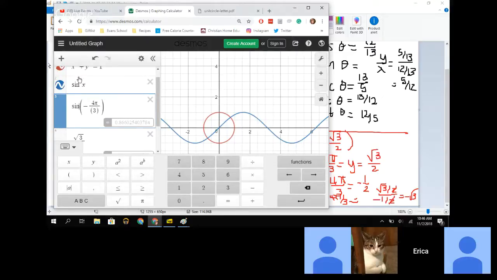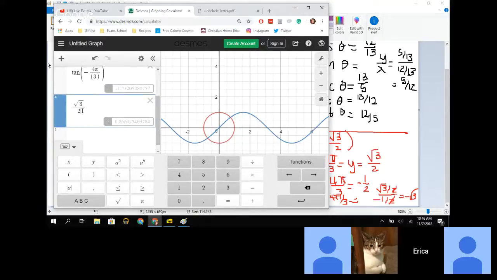So then if I want to find the cosine, the cosine is negative 1/2, which is what we found over here, right? And then the tangent is negative 1.732, which we said the tangent is the negative square root of 3, which also matches up.